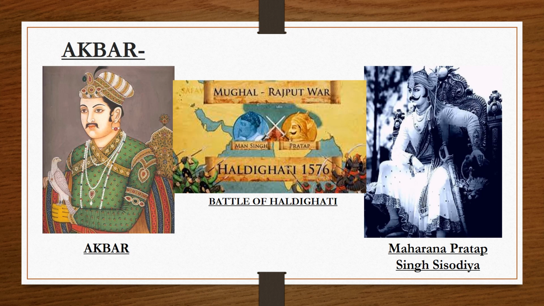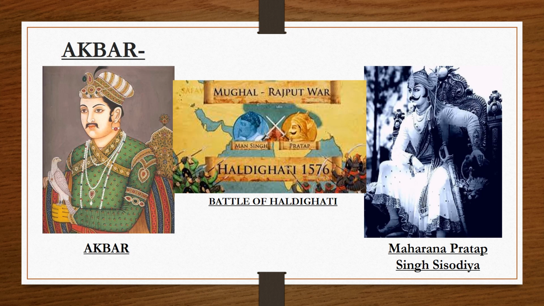Later, a fierce battle happened between Maharana Pratap and Akbar, which is also known as the Battle of Haldi Ghati. This battle was fought between Maharana Pratap and the army led by Man Singh.